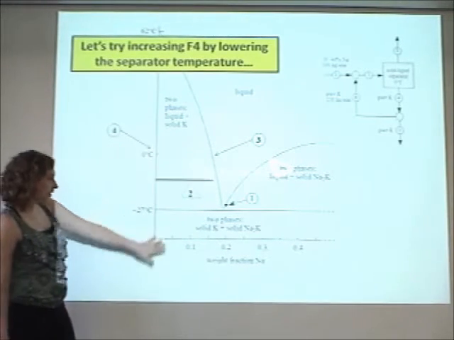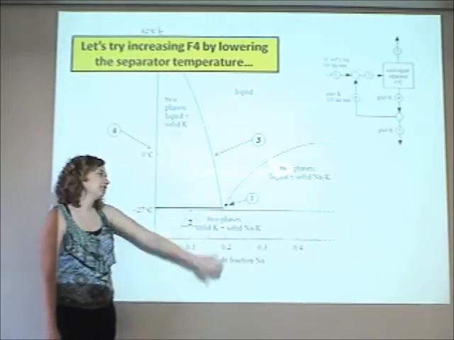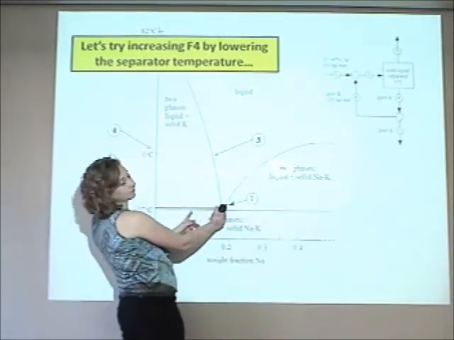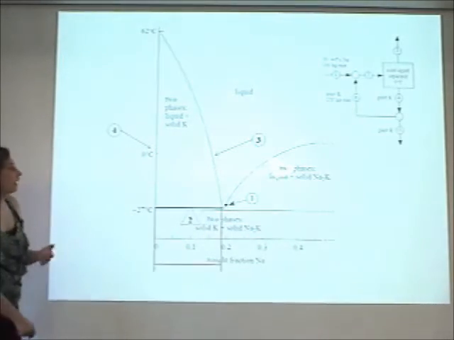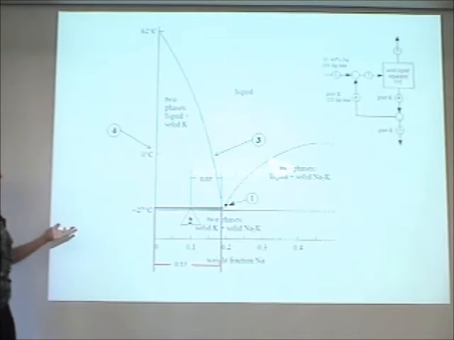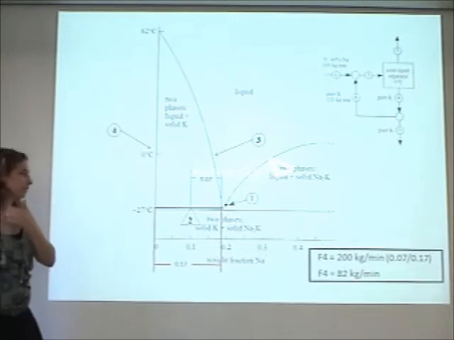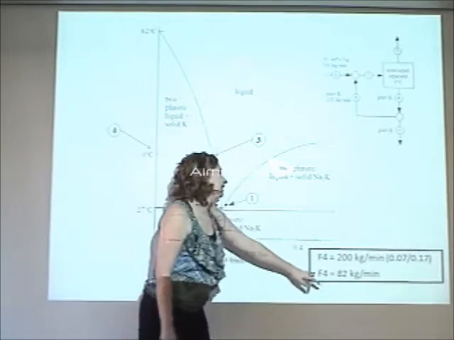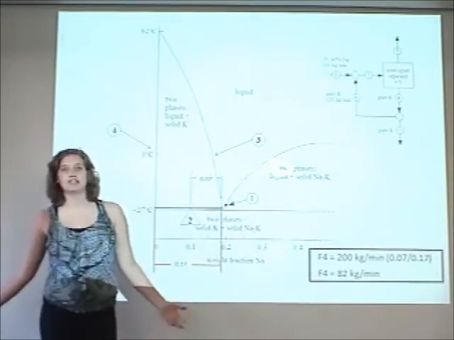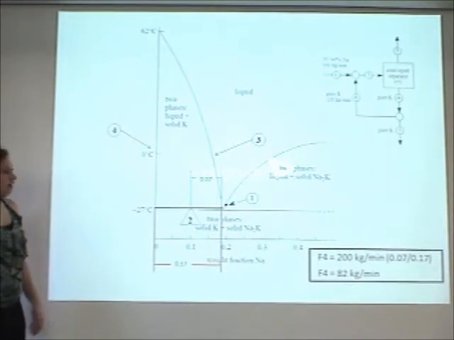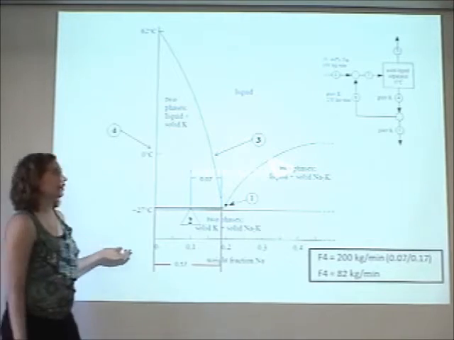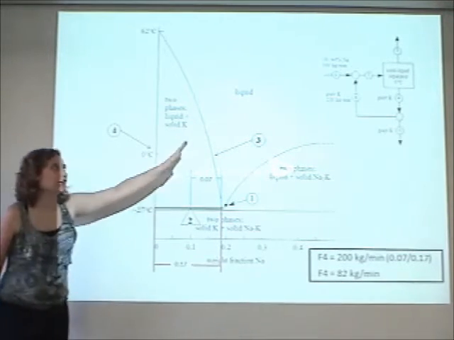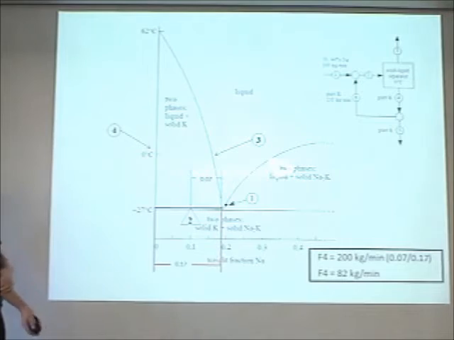So basically, I'm going to bring this down here, extend my line, and now my lever arm for this side is longer. Okay? So I went ahead and did that lever rule. But the most I could really seem to get was still 82 kilograms per minute. So that's not going to work. So that means I can't increase my flow rate of F4 by changing the temperature of my solid liquid separator.